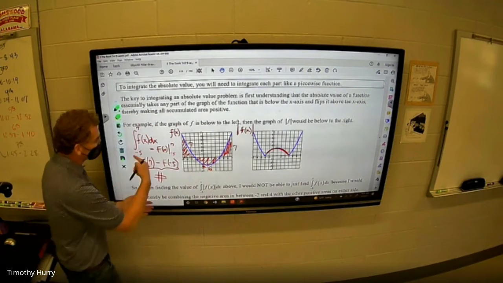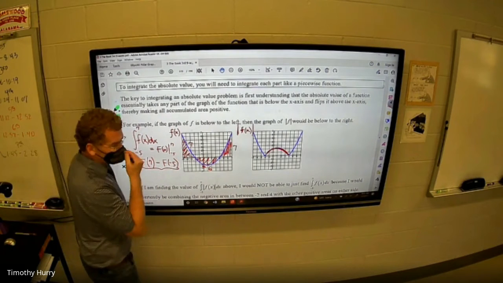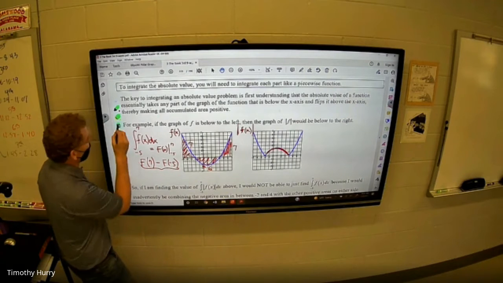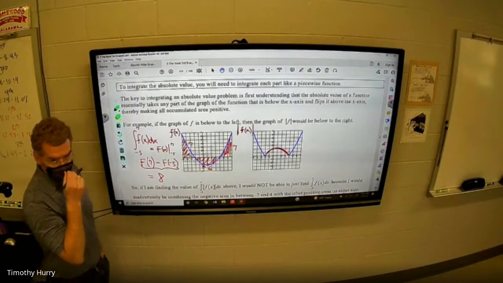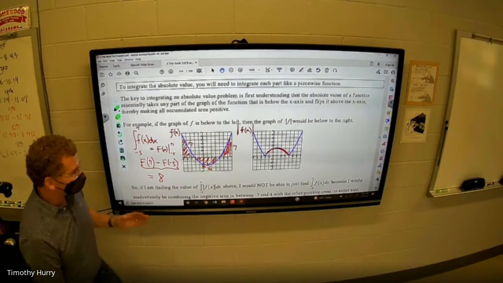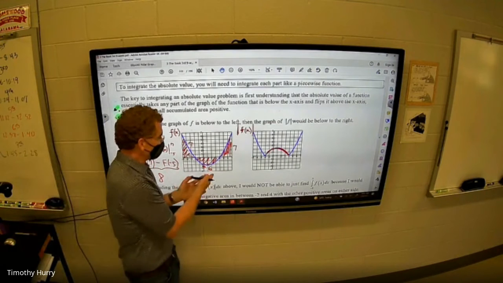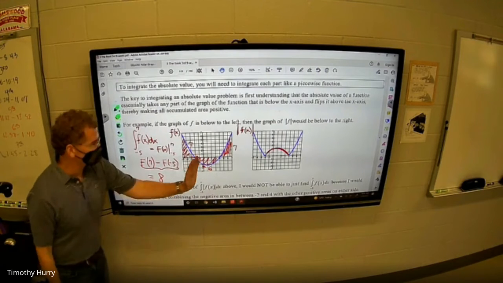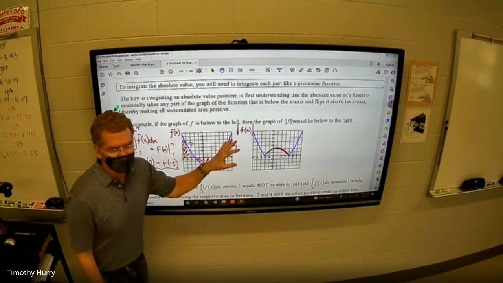So your total area between the curve and the x-axis is not going to be 20. It's going to be something like, and again, I'm making this up, something like 8. Because the formulas know to make that part negative because it's below. It's a negative accumulation when you're heading to the right. Are y'all seeing that? Now, I don't know that it's 7 or 6 or 7. I'm making those numbers up.